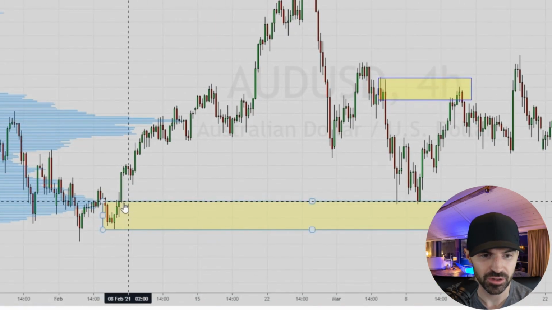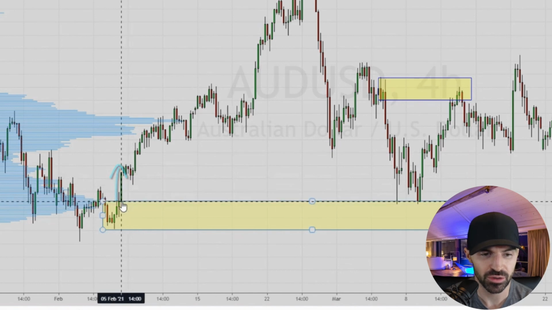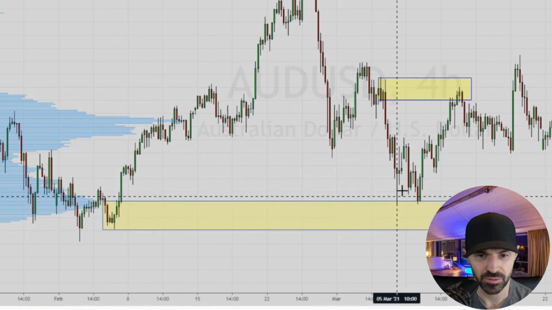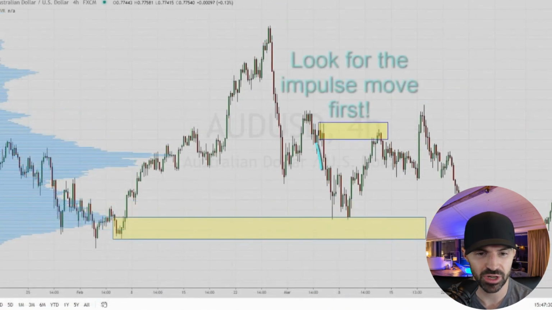And you'll see over here the start of the impulse move candle and the lower wicks for the bottom zone. And you'll see by using this method, you'll catch more trades than the previous method.